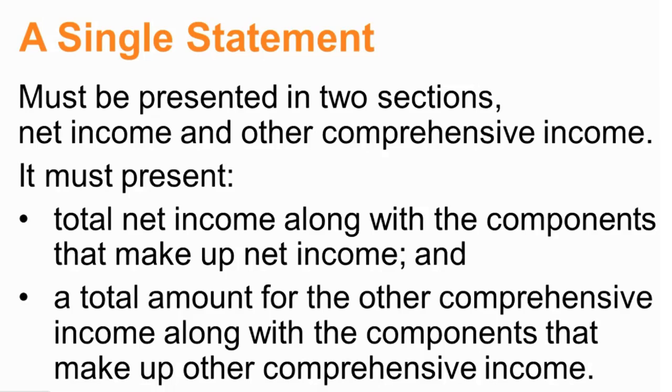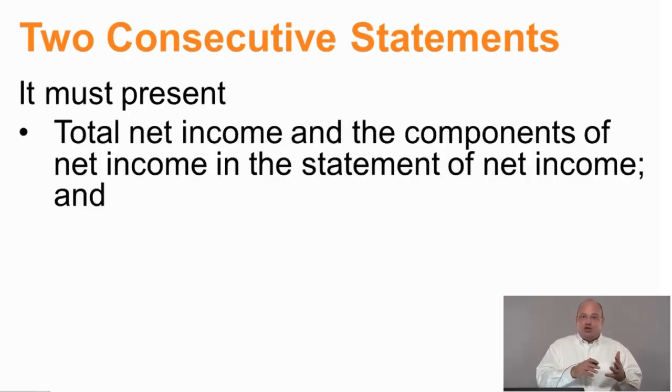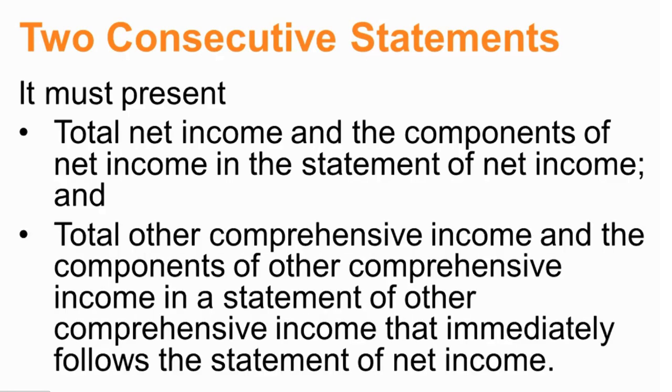So we have the income statement, and then we have these other comprehensive income items as well. If it is two consecutive statements, it presents the total net income and the components of net income in the statement of net income, and then it has total other comprehensive income and the components that make that up immediately after the statement of net income.